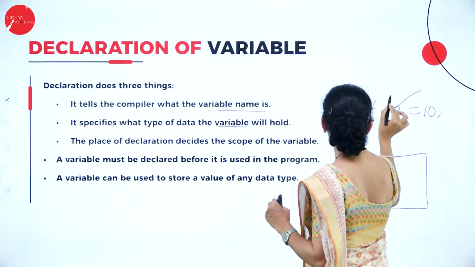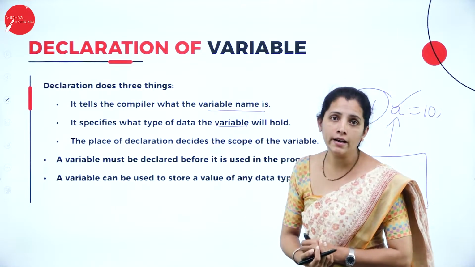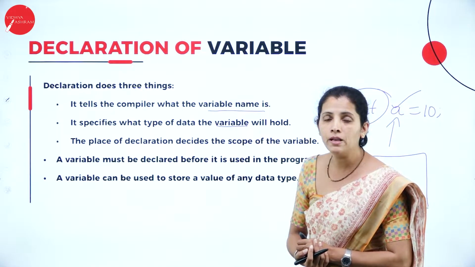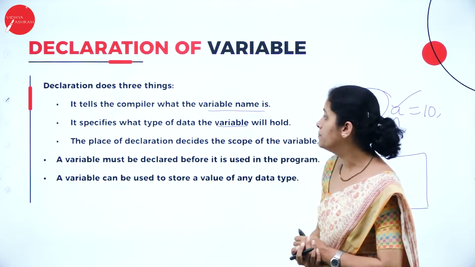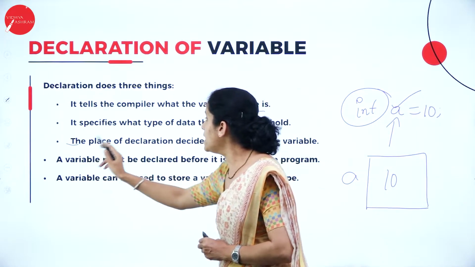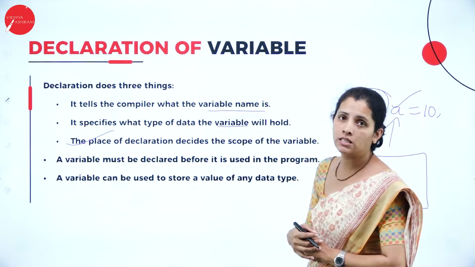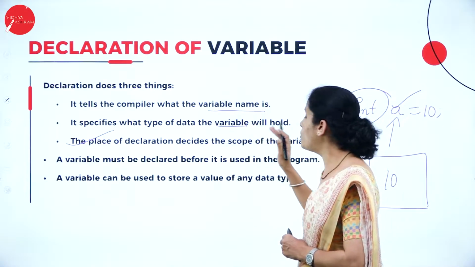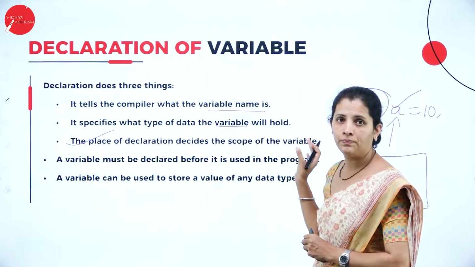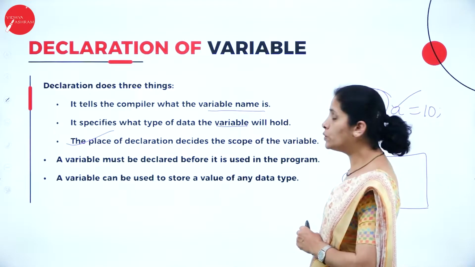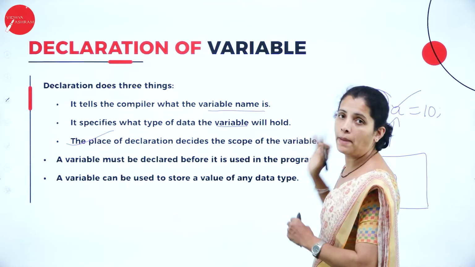In this example, the variable holds an integer. Now, the place of declaration decides the scope of the variable. That means where I define it matters.